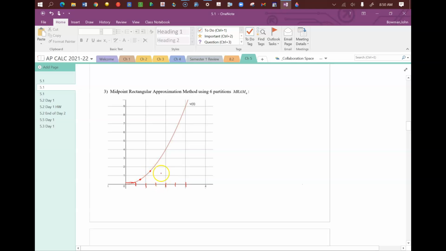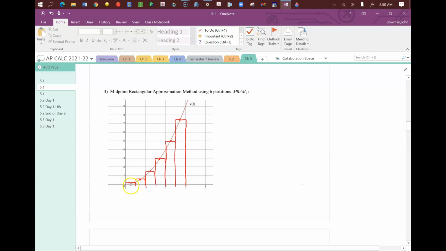So it might help by just drawing a point on the curve in between the endpoints of those subintervals, and then use that to help you establish the height of each of the rectangles. And it's not so important that you get the picture absolutely accurate, but the calculation needs to be.